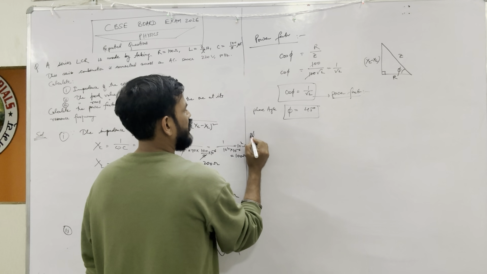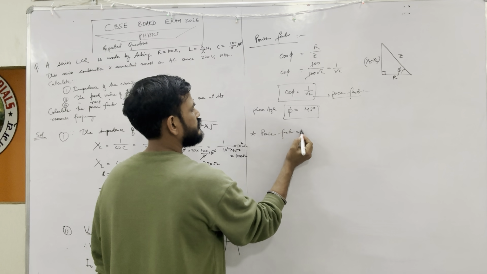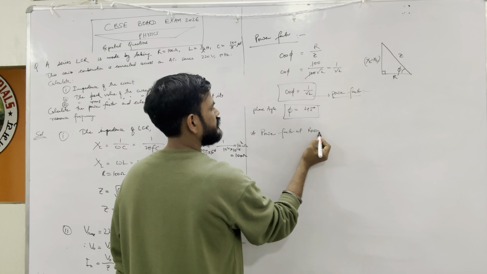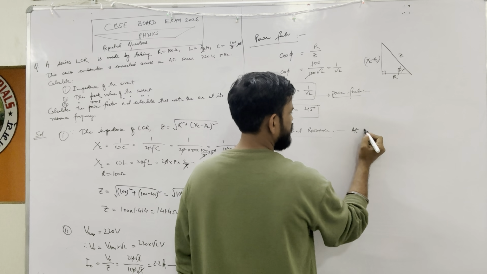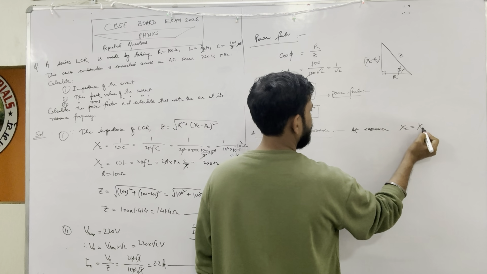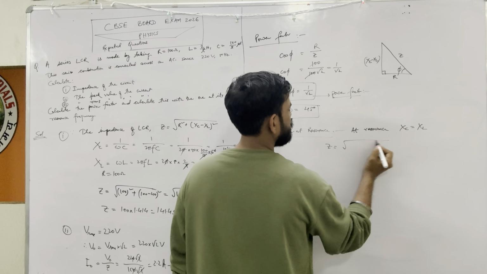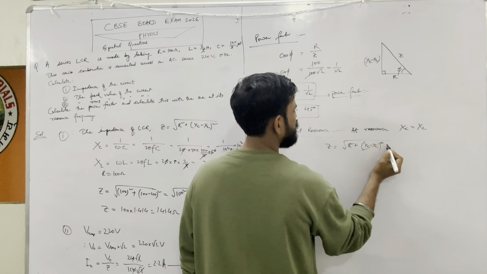Now we want to find out power factor at resonance. So what is resonance? At resonance, yes, XC becomes XL. So in your impedance, root of R square plus (XC minus XL) square, this portion becomes 0.